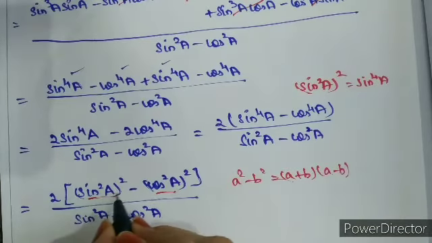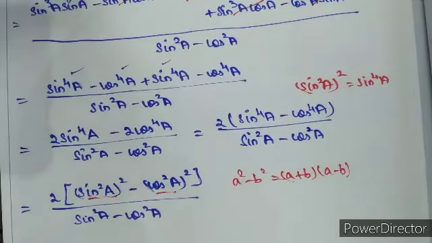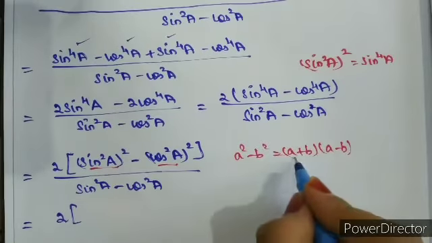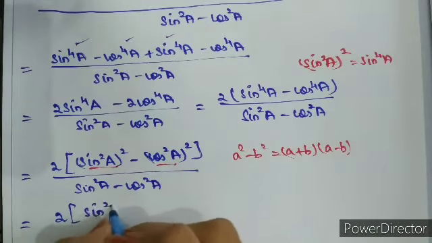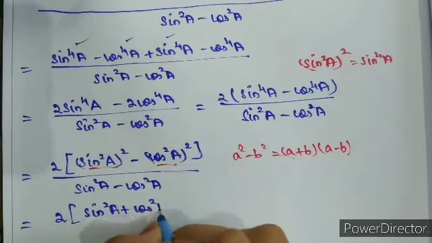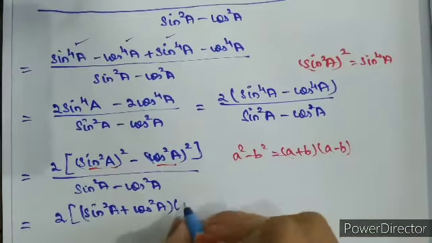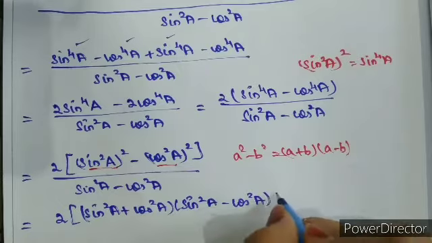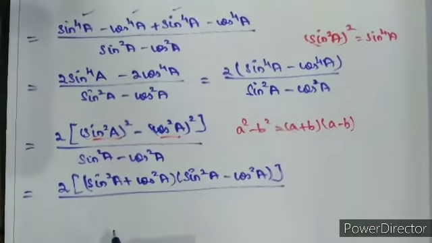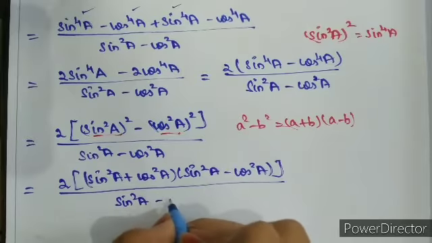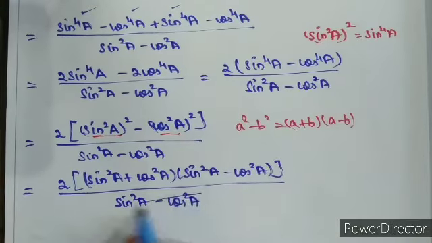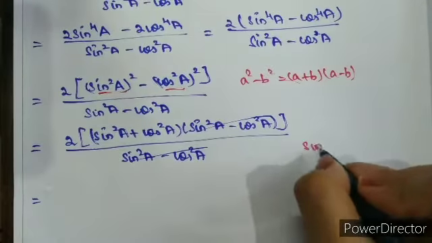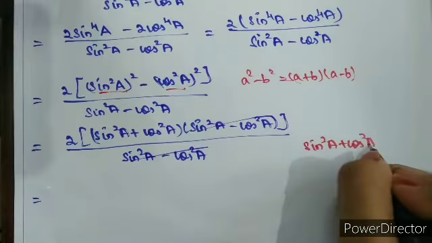Here a is sin square A and similarly b is, sorry, cos square A. So 2 into first a plus b, so we get sin square A plus cos square A, into next is a minus b, that is sin square A minus cos square A, divided by sin square A minus cos square A. Now we can just cancel these two terms, and we know that sin square A plus cos square A is equal to 1.